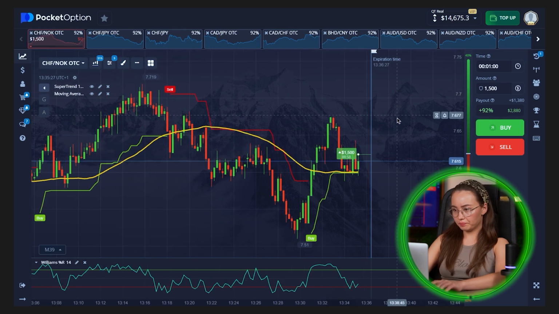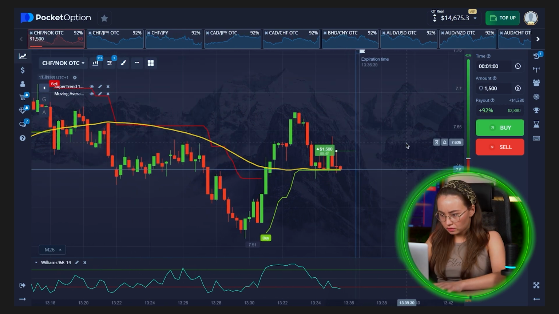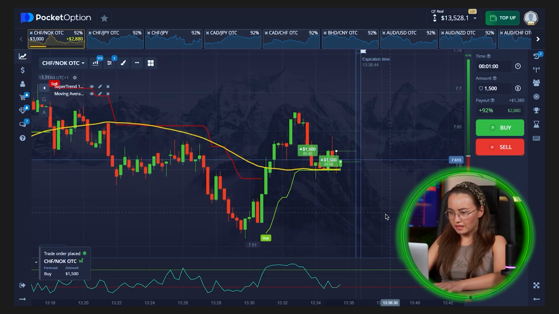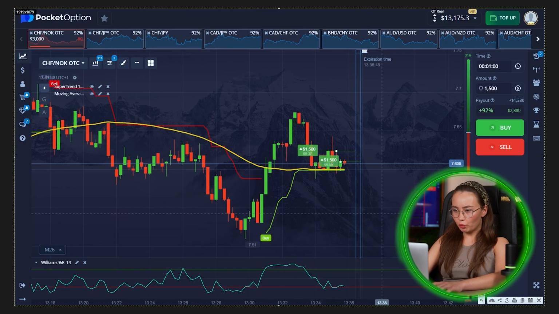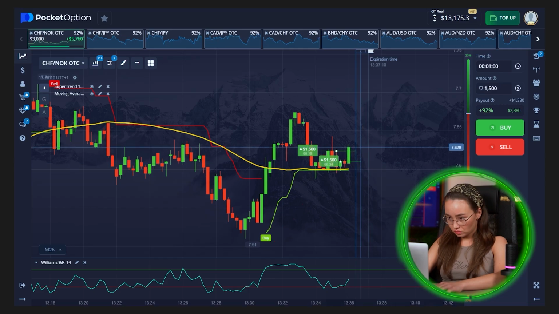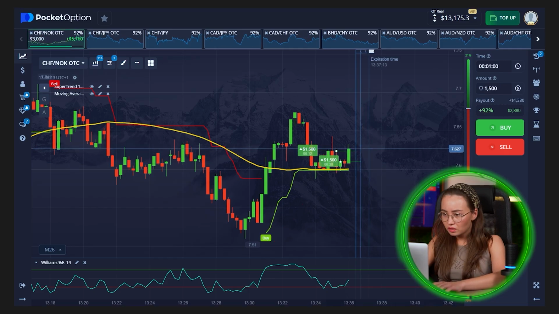Okay, opening. Yes, I'll open a second long trade, both by the strategy. We see an upward movement, the moving average is below the price and SUPERTREND is at the level of MA. Plus, Williams R is at the very bottom. That's a strong sign that the price will rise now. And let's watch.